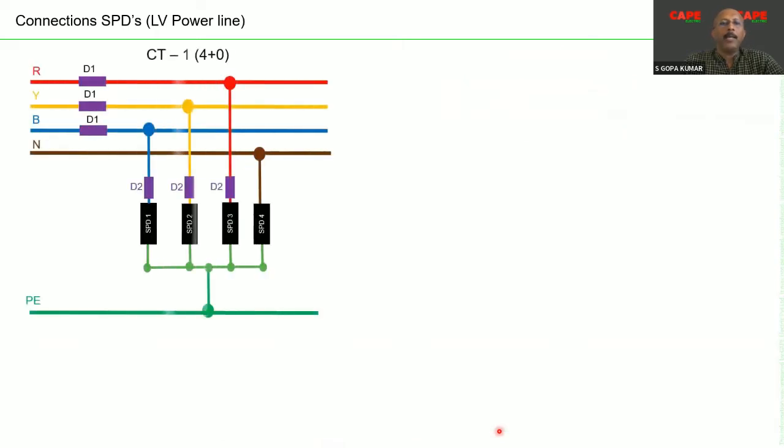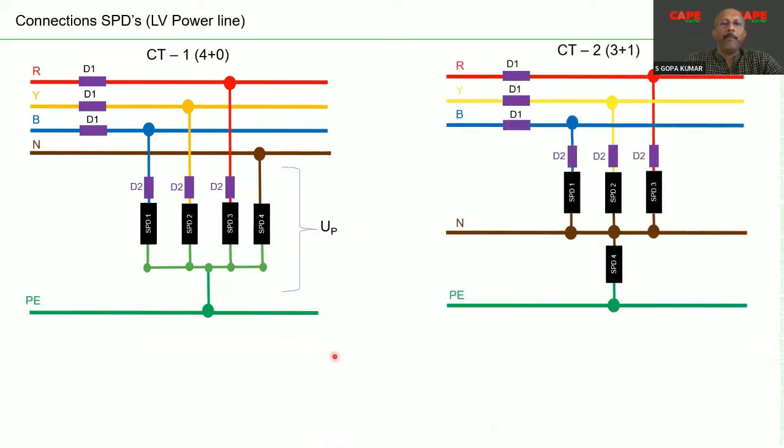and differential mode protection. Here, in connection type 1, the protection level between all the live conductors and the earth I have put as UP. In the first condition, there shall be an SPD between all the live conductors and the earth.